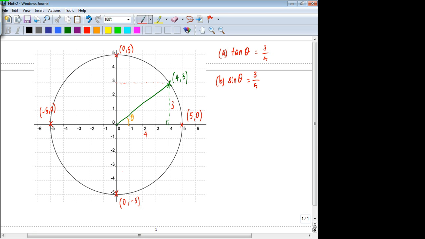Okay? Understand? And what do you think I'm going to ask next? Cosine. Cosine theta equals 4 over 5, adjacent over hypotenuse, right? So far can? Okay.